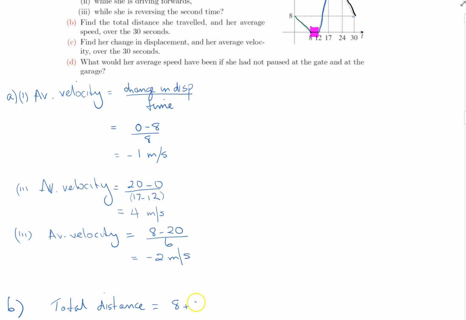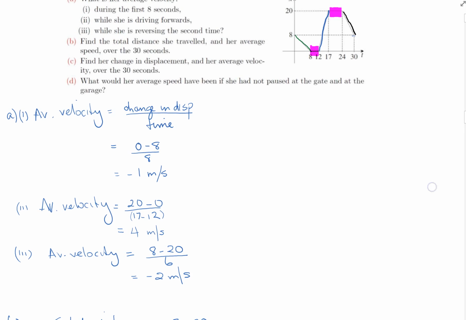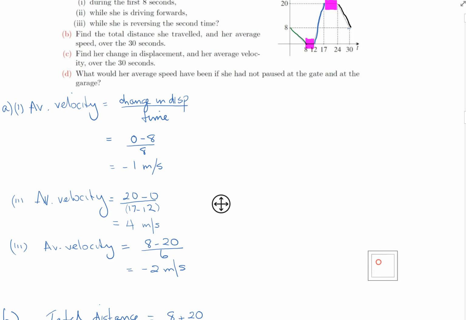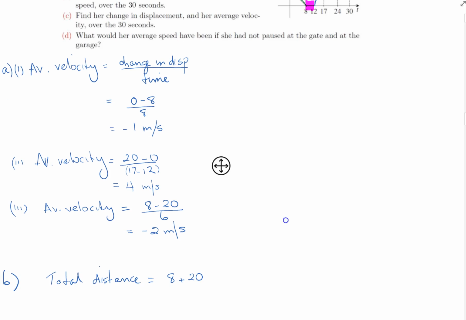Going forward, she travelled 20 metres. Then in her second reversing section, she goes from 20 down to 8, which means she passed through 12 metres. So all up, she's got 40 metres she travelled.